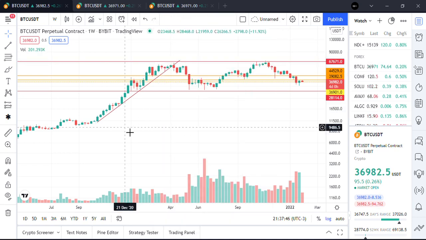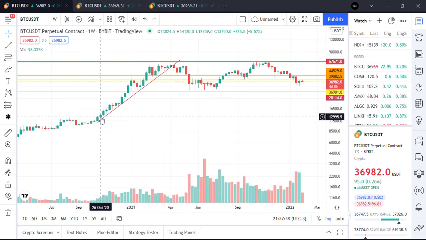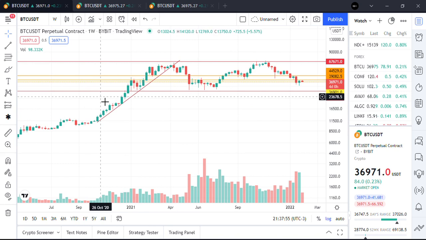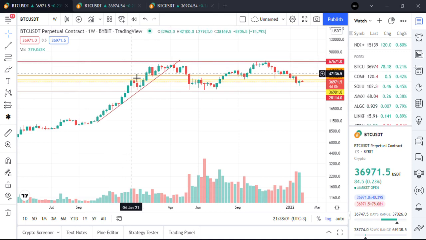So you can see this is a trend line. Price was bouncing. When price got to it, price bounced higher, higher, higher. So remember they have higher highs. This is a high, then another high higher than the previous high, another high higher than this previous high, and another high higher than the previous high. So these are higher highs.